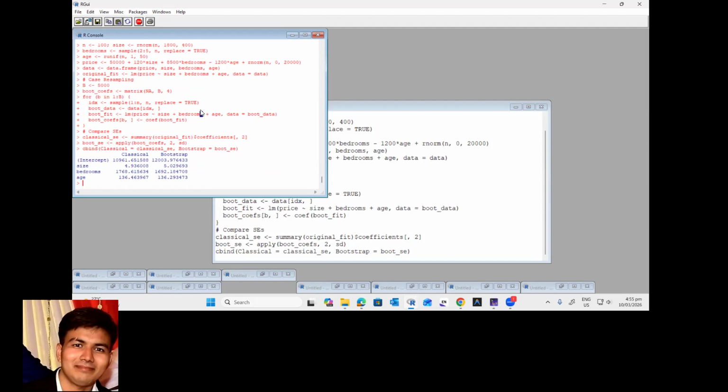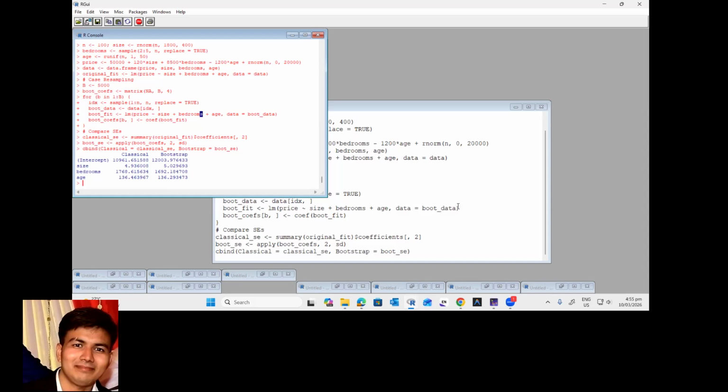For the bedrooms it is 1768.61 in the classical, and 1692 in the bootstrap, so it reduced here. And for the age, it is almost similar, 136.46 and 136.29.